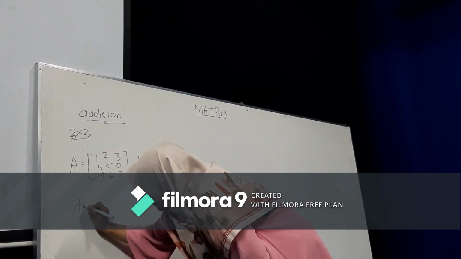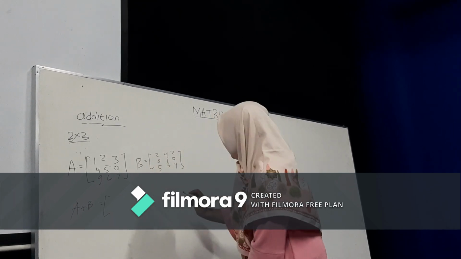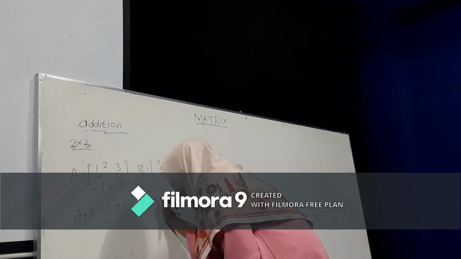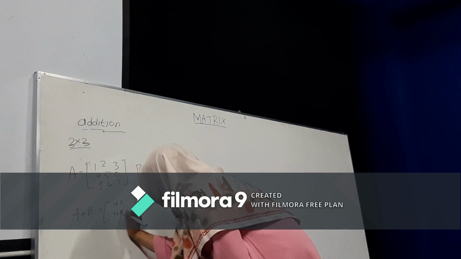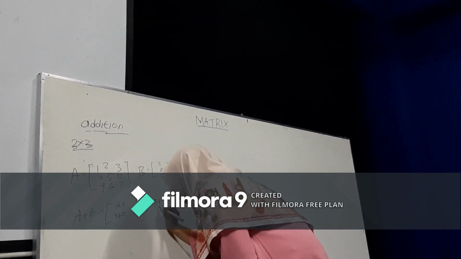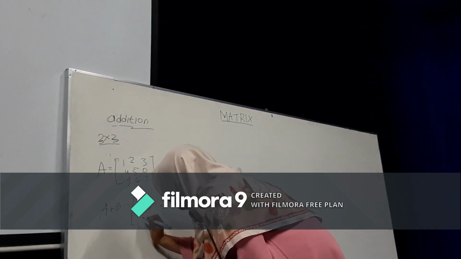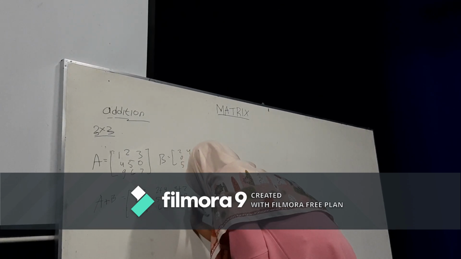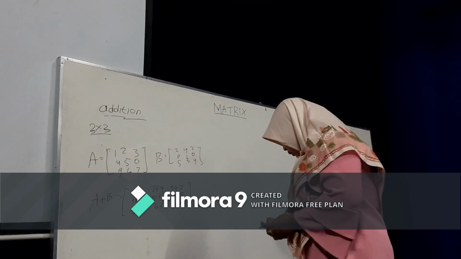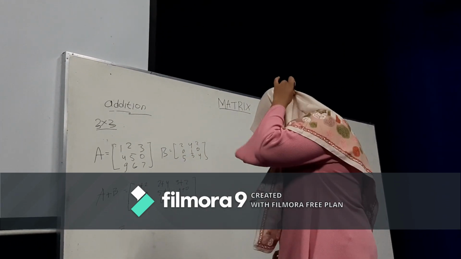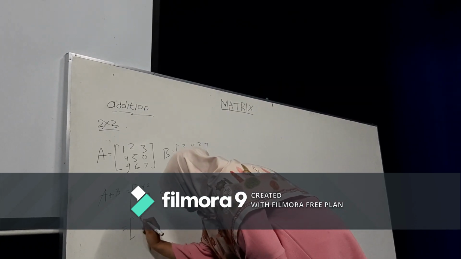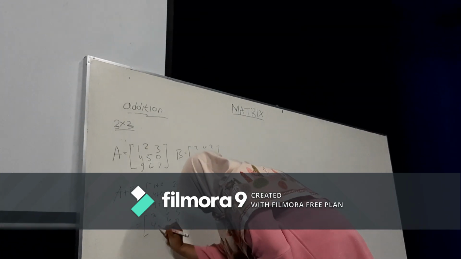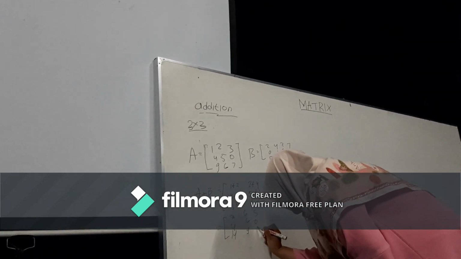A plus B is equal to open bracket 1 plus 2, 2 plus 4, 3 plus 2, 4 plus 0, 5 plus 1, 0 plus 0, 9 plus 5, 6 plus 3, and 7 plus 4, close bracket. The result for that is open bracket 3, 6, 5, 4, 6, 0, 14, 9, and 11.